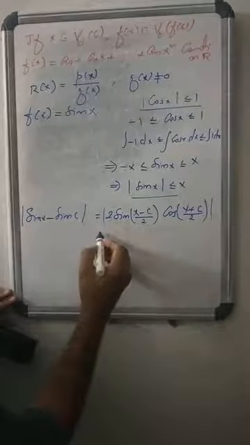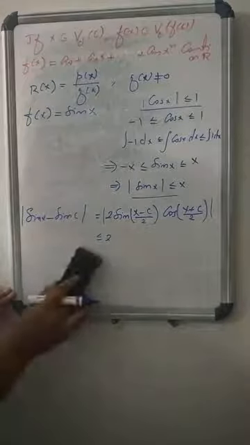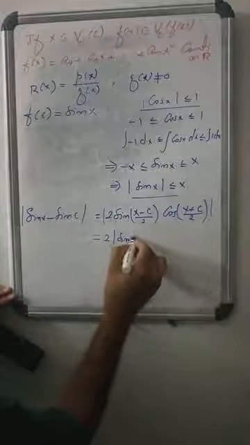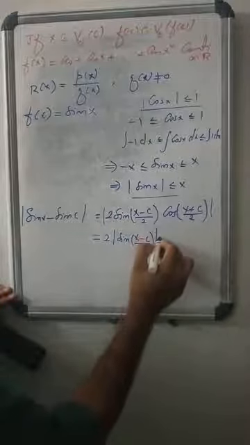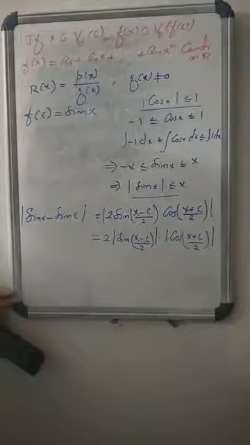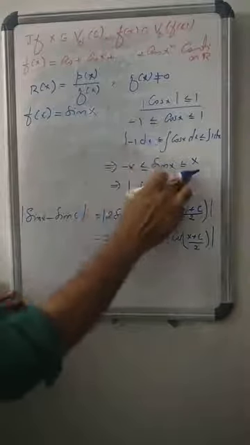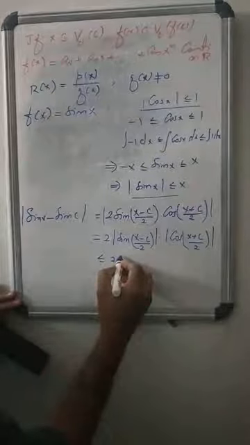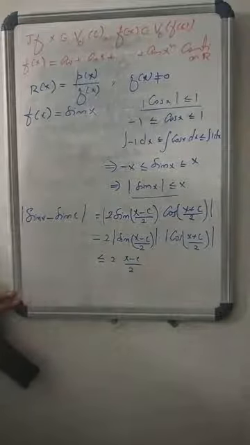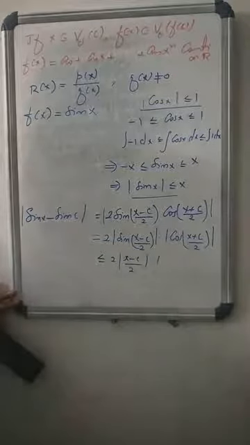Agreed? So this equals 2 into the modulus of sin((x−c)/2) into the modulus of cos((x+c)/2). Clear? Which is less than or equal to 2 into, what is |sin((x−c)/2)|? |sin x| is less than or equal to |x|, so |sin((x−c)/2)| is less than or equal to |x−c|/2, into |cos((x+c)/2)|. |cos x| is less than or equal to 1.